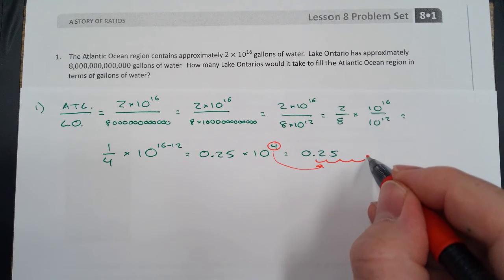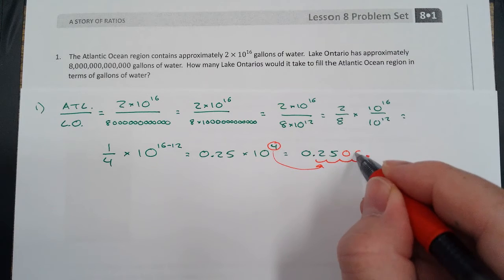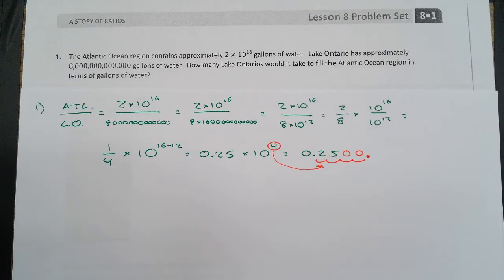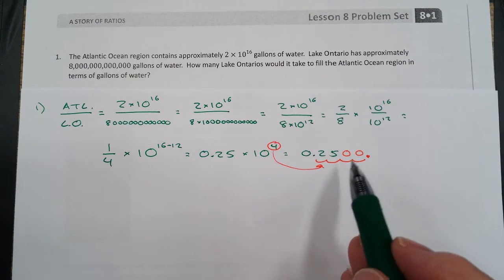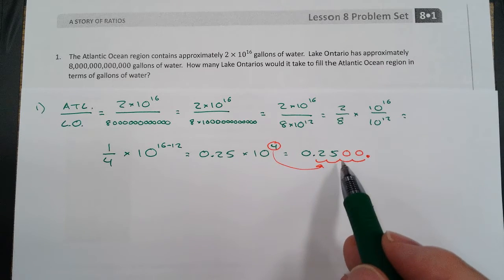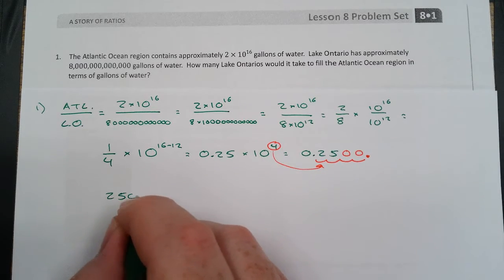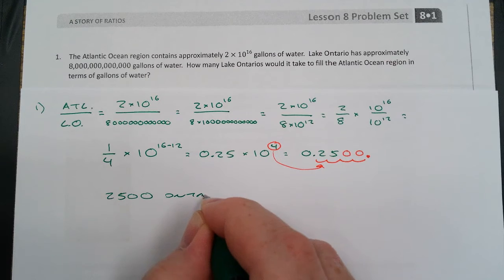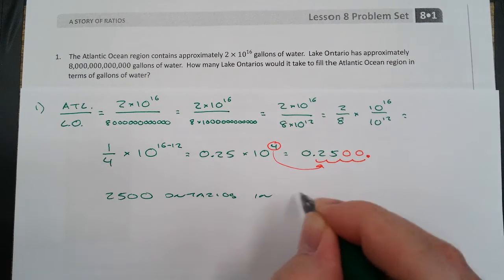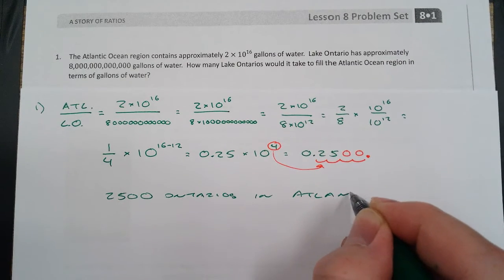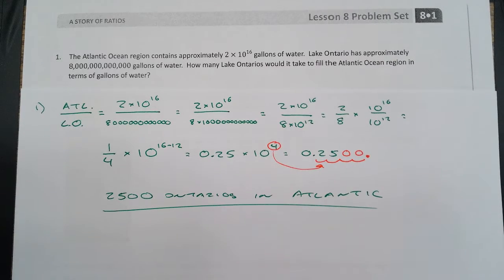The decimal jumps over here. These empty spaces, put zeros. So, how many Ontarios fit in the Atlantic Ocean? 2,500 Ontarios in the Atlantic. That's your answer for number 1.